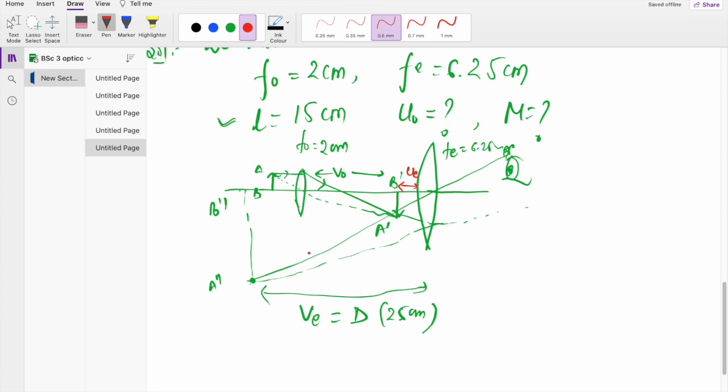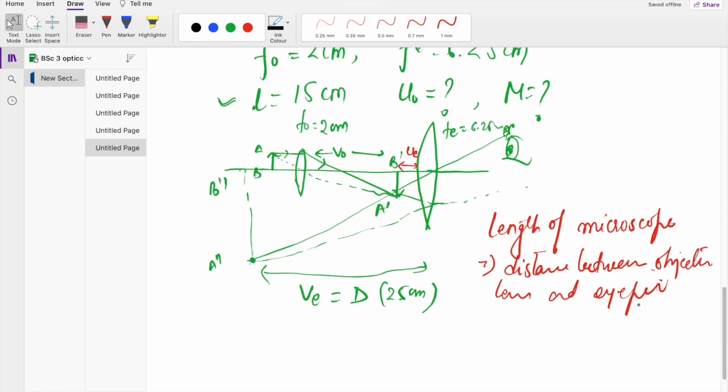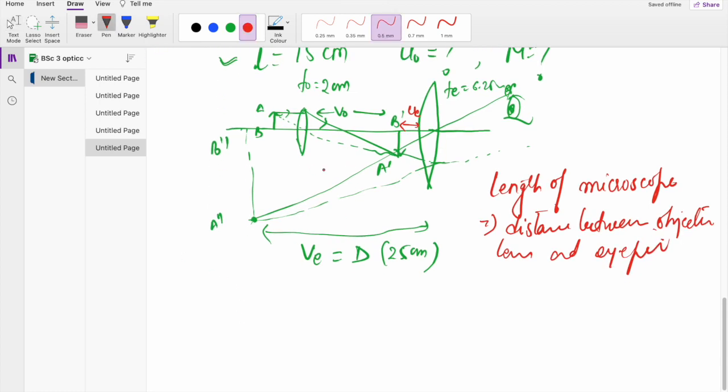So we know the length of the microscope. The length of the microscope is the distance between the objective lens and the eyepiece.